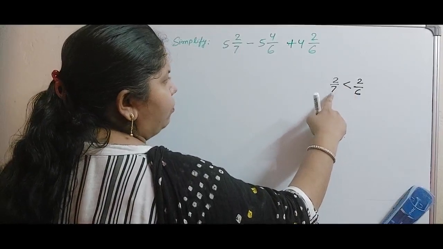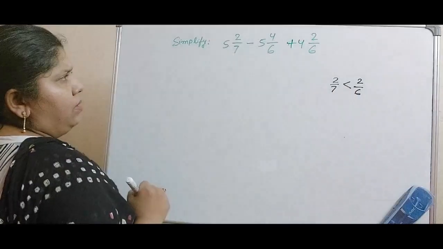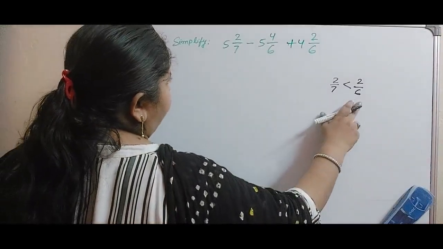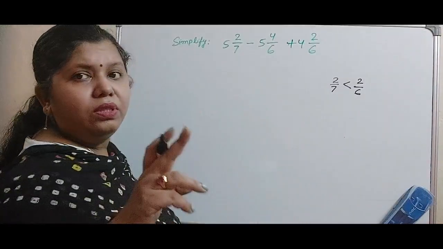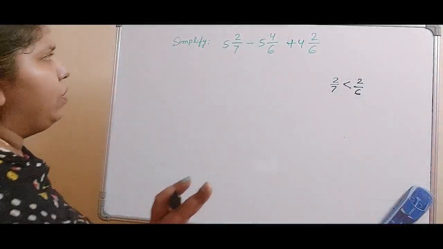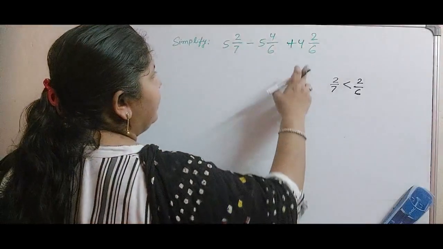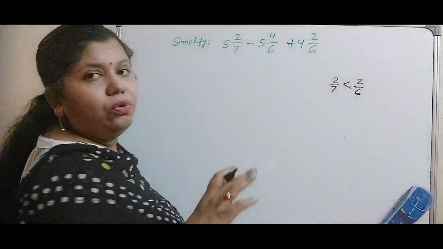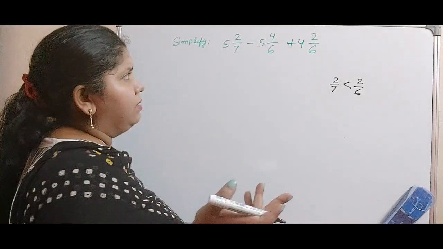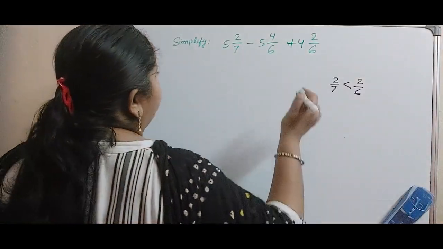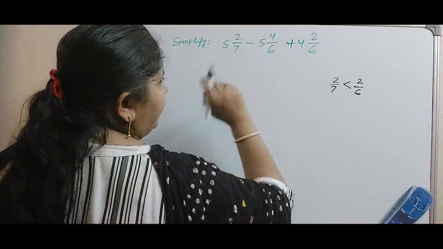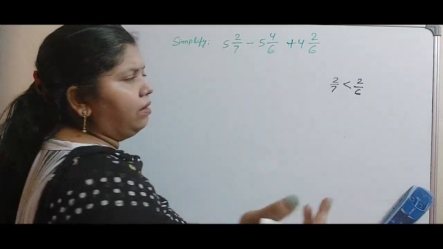Now if I add these two, it still will not be more than 4 by 6, because 4 by 6 is exactly double of 2 by 6. So we need another 2 by 6 here so that we can subtract, but we are not having it.